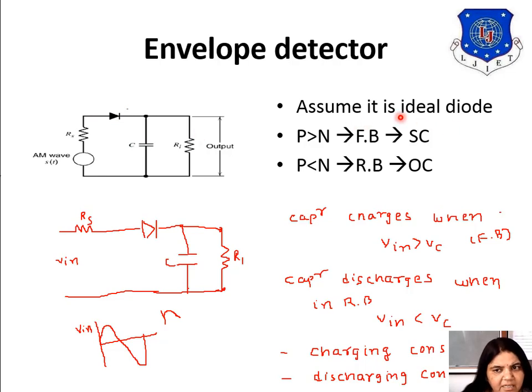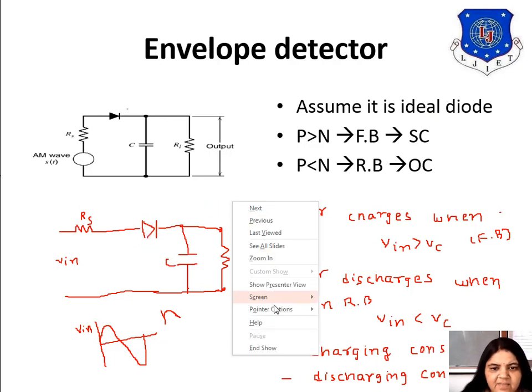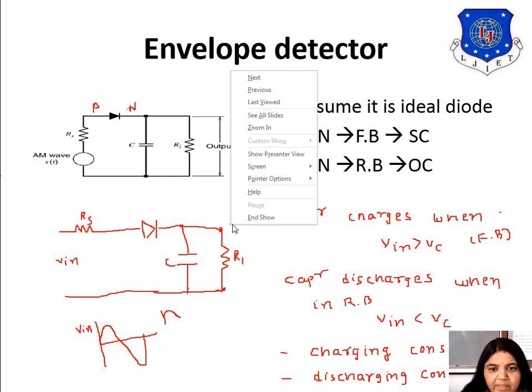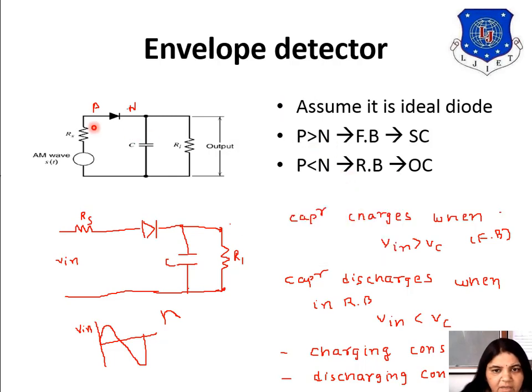We can assume that it is a simple ideal diode, a PN junction diode, with P on one side and N on the other. When P is greater than N, the diode becomes forward biased and acts as a short circuit. But when P is less than N, it is reverse biased and works as an open circuit.